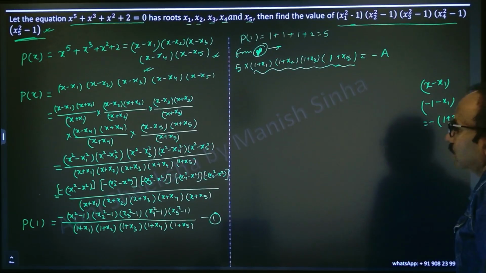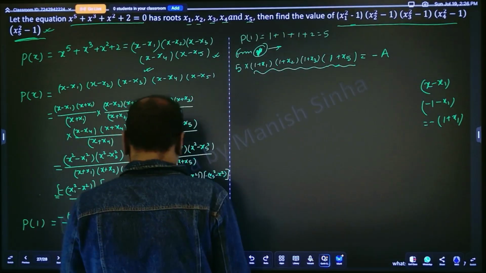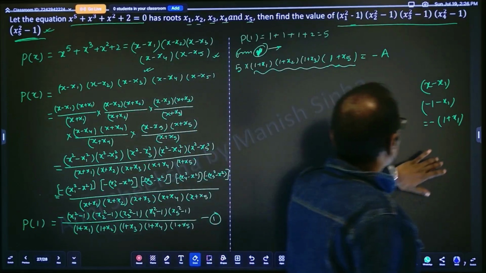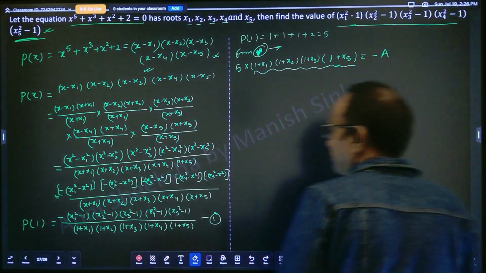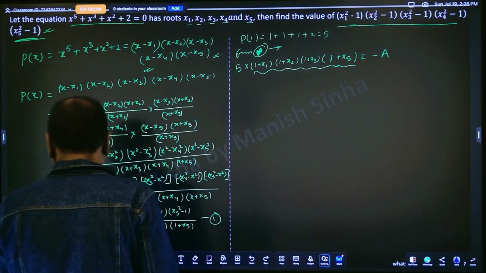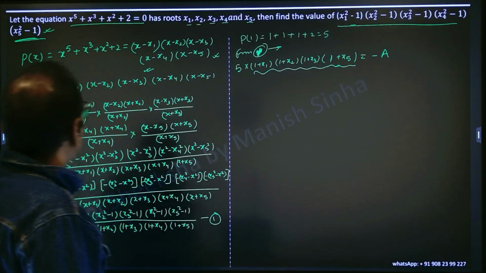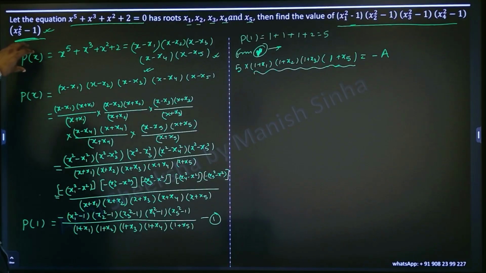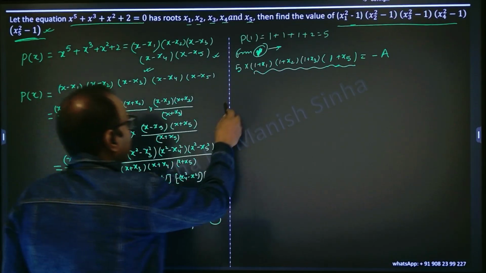So this is what we will do: we will use x is equal to minus 1 in this polynomial function which we have structured here.